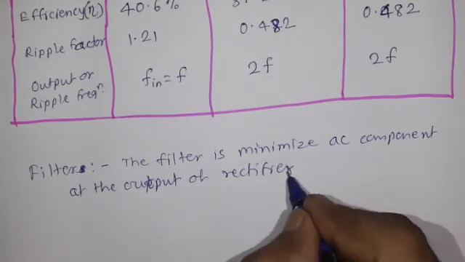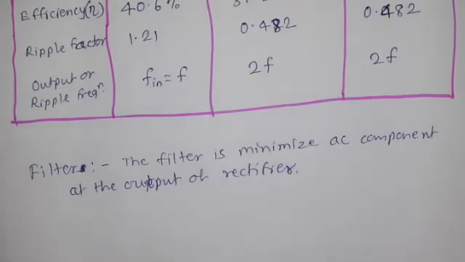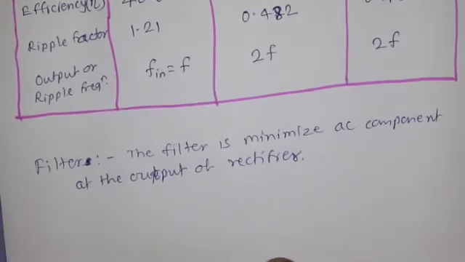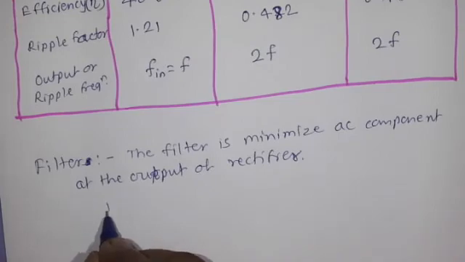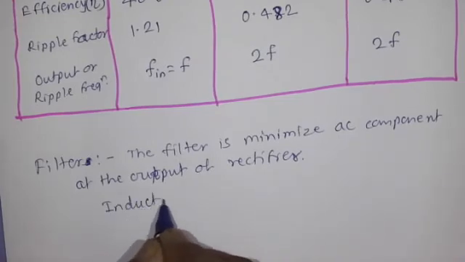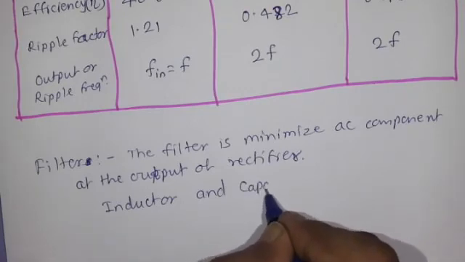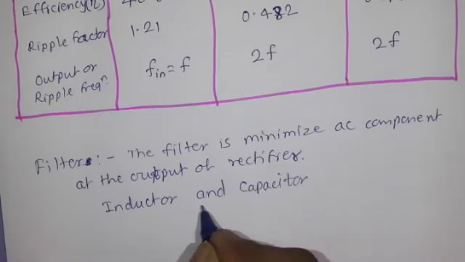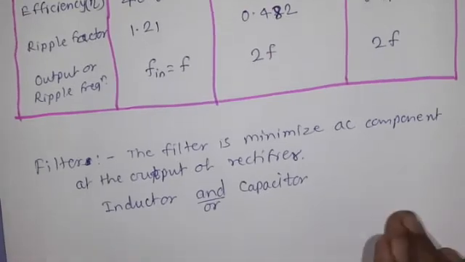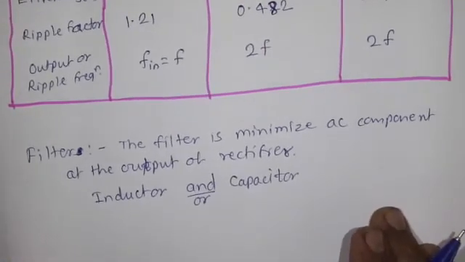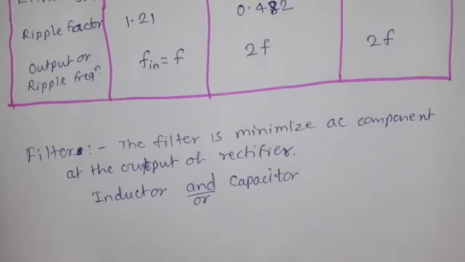The rectifier filter circuits are generally constructed using two components: an inductor and a capacitor, that is, inductor or capacitor, or both together. Why are only these two components used? Because these two components have a basic property, the reactance property.